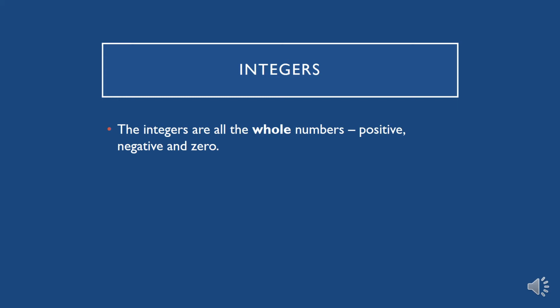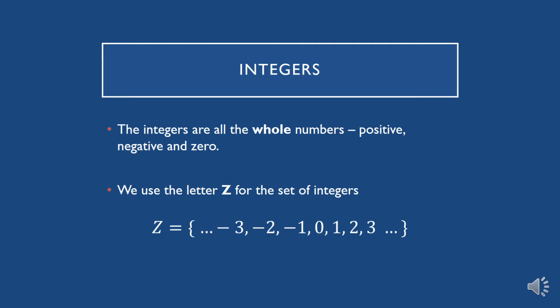We are including now the positive numbers, which of course are the natural numbers, the negative numbers, and also 0. We use the letter Z for the set of integers. And Z equals, and here we have it written in maths, the ... shows that it goes on forever in both directions. Okay, the negative numbers, 0 and the positive numbers.